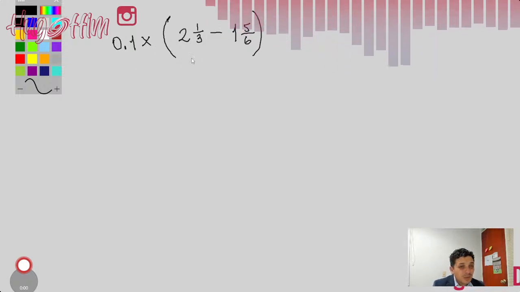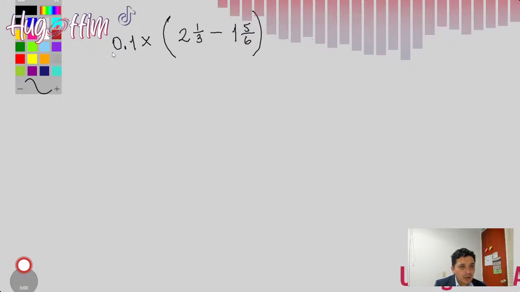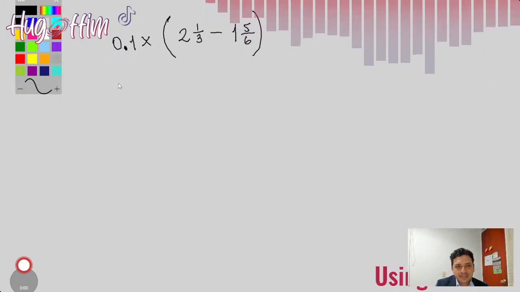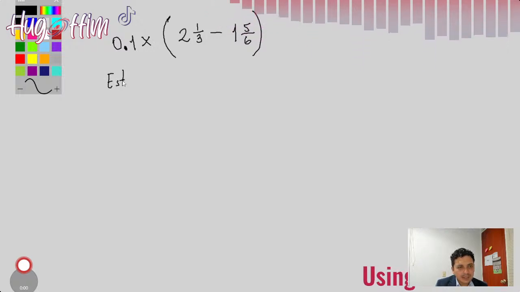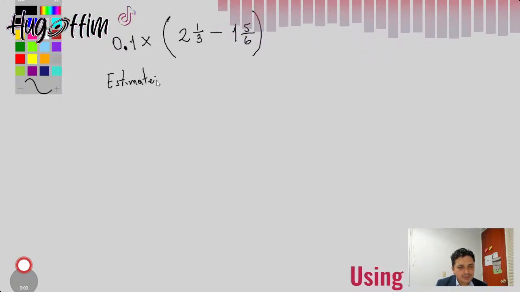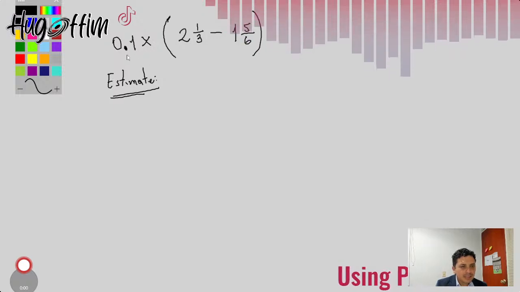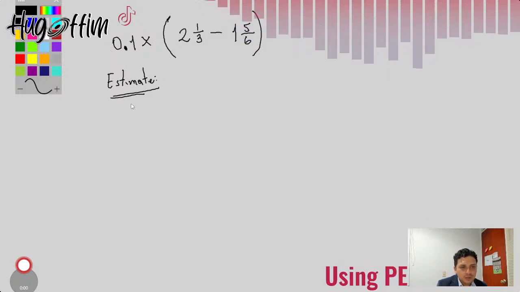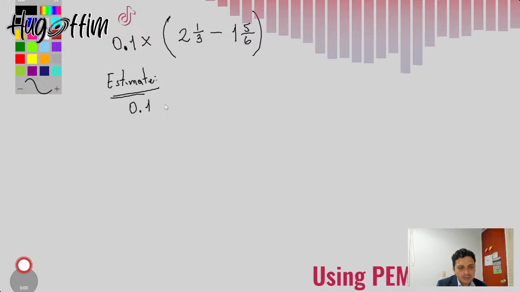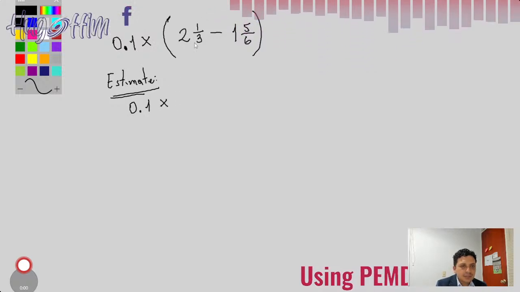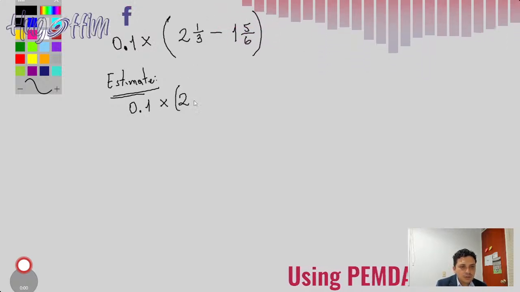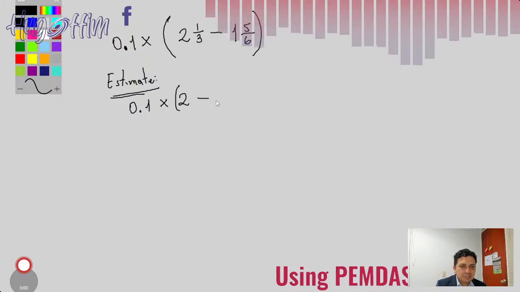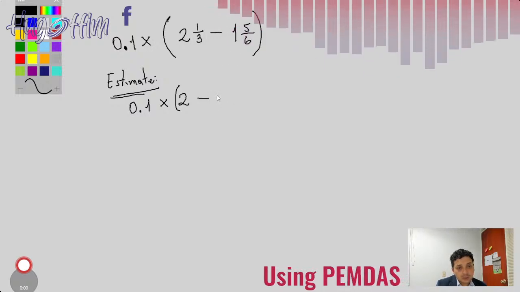Now, in this case, we have to apply PEMDAS to work it out. My suggestion, again, is to try to estimate the answer first. So if you estimate the answer, I'm going to estimate 0.1 times, this is going to be 2, minus, and this is going to be about 2 as well.